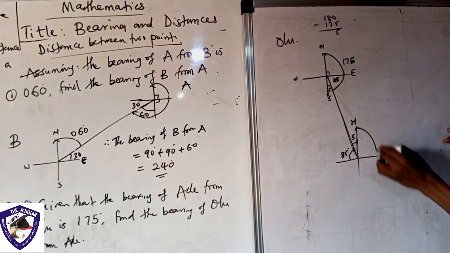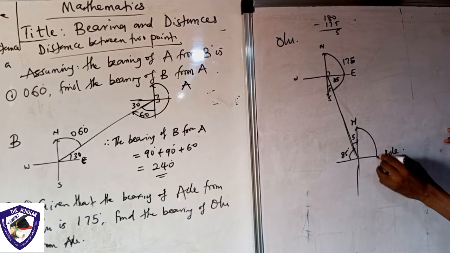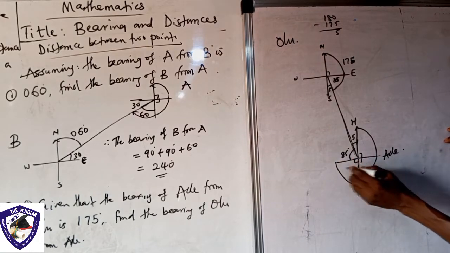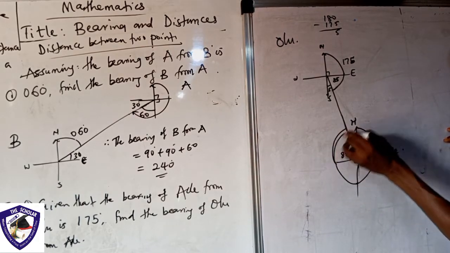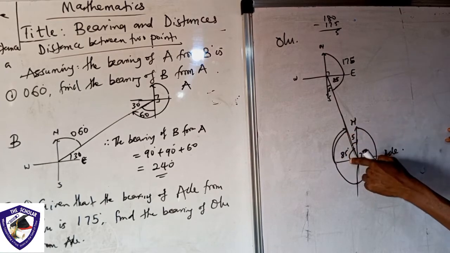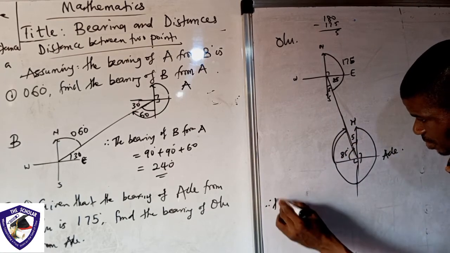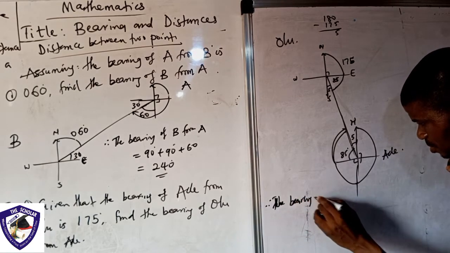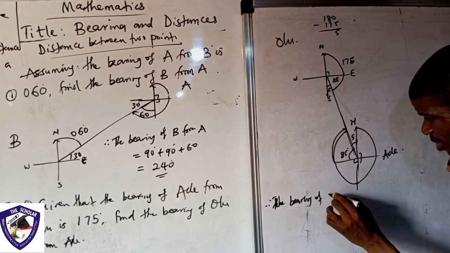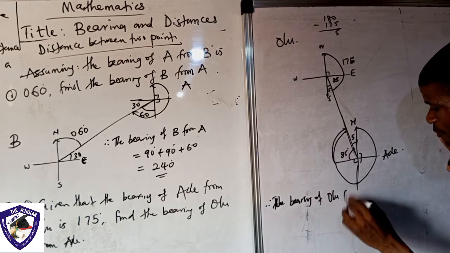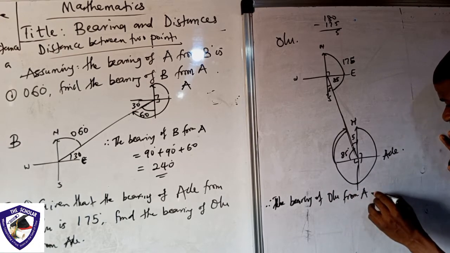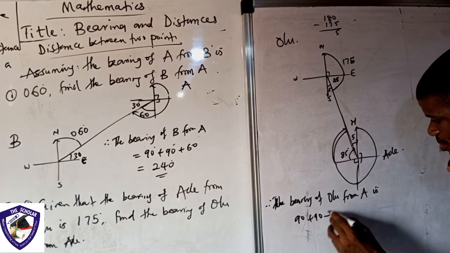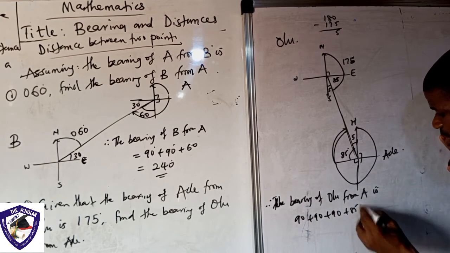So you start from here. This is 90, that's one rotation, 90, second rotation, 90, third rotation, and 85. You stop here. So it means, therefore, the bearing of Olu from Ade is 90 plus 90 plus 90 plus 85.